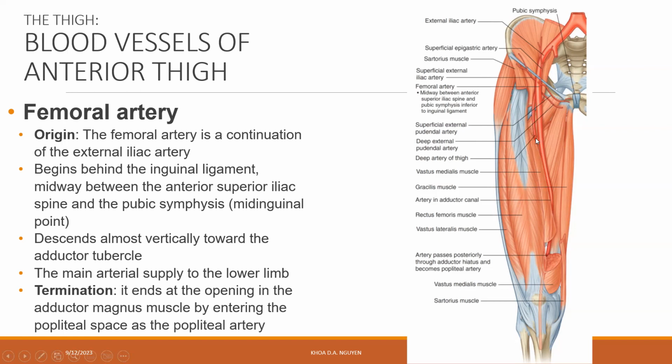And the deep femoral artery is significant because it is the main blood supply of all of the muscles in the thigh, in the anterior thigh especially. So the deep femoral artery is very important because of this. It is the main blood supply of all of the muscles of the thigh, and the anterior thigh especially.